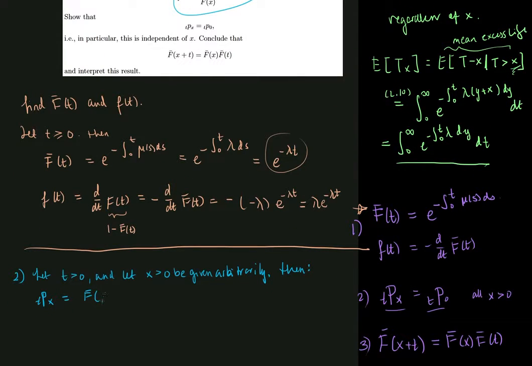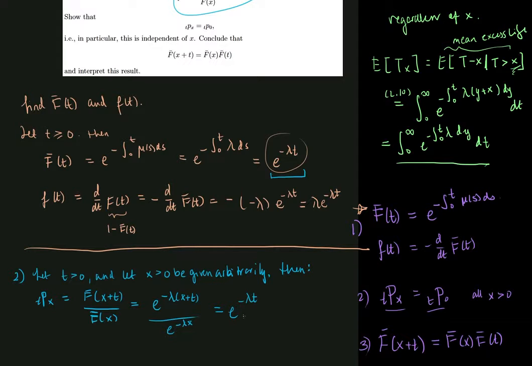So the probability of surviving past age x plus t, given that you have survived past age x, when we plug in our survival function given by this expression here, is just equal to e to the minus lambda multiplied by x plus t, divided by e to the minus lambda x. So the x parts cancel out, right? And what we have left is e to the minus lambda t. And lo and behold, that certainly does not depend on x.